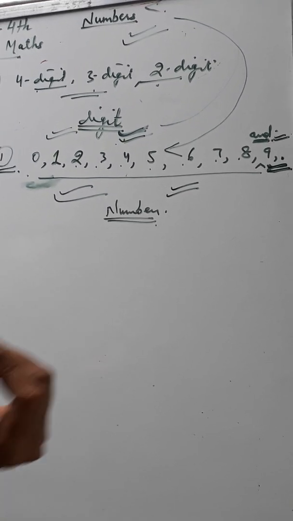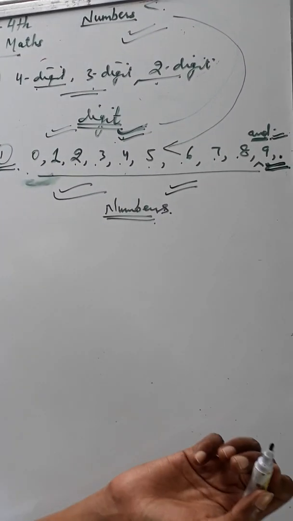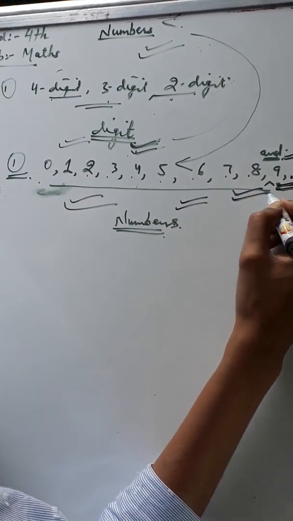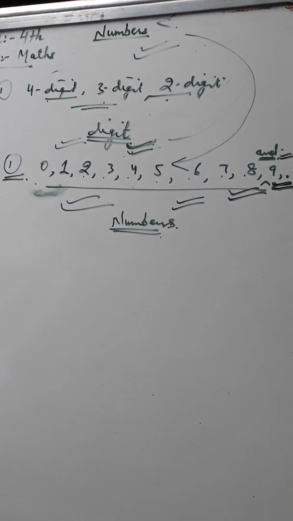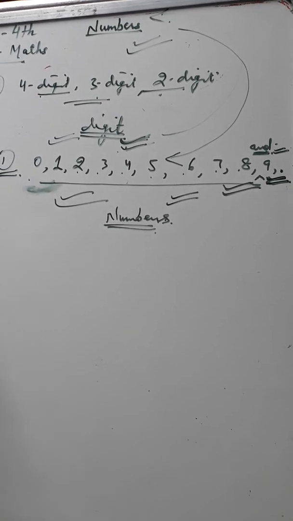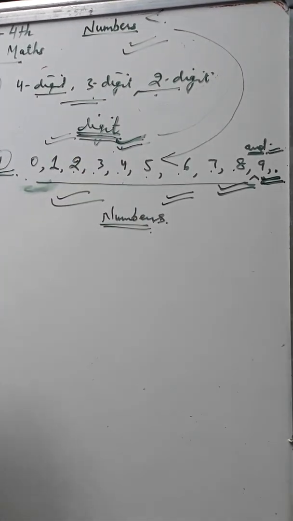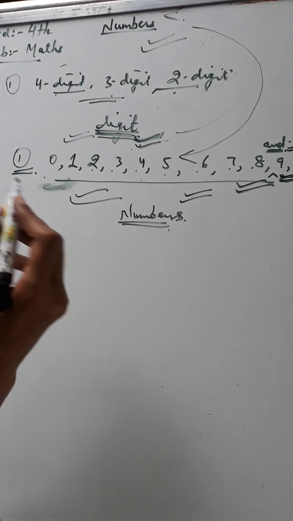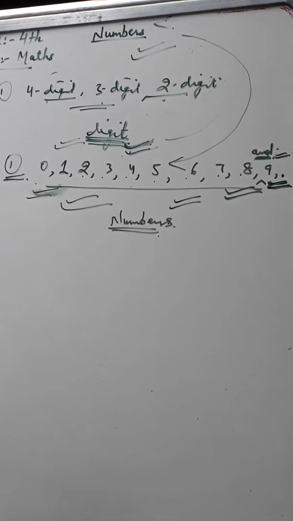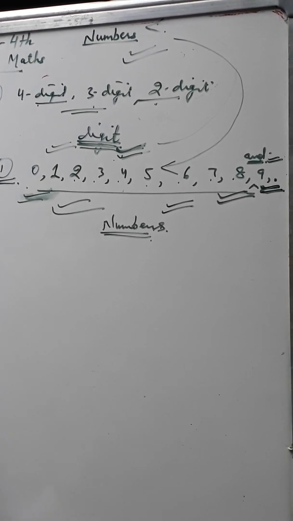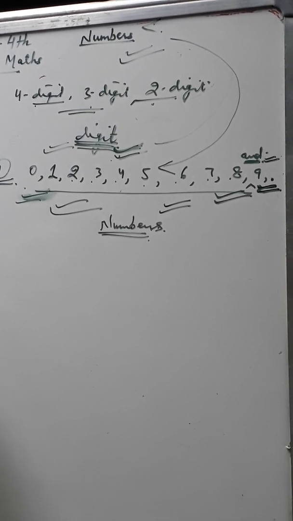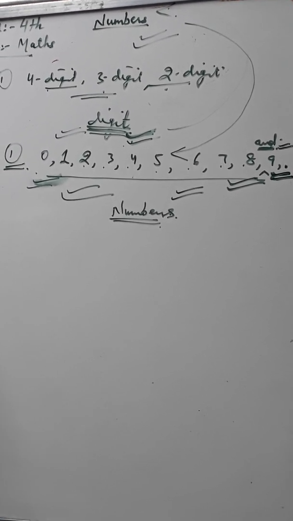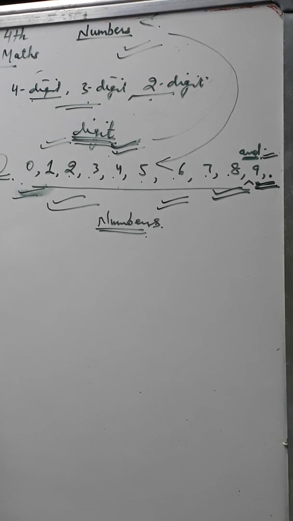We have used the term numbers for all of these. Before starting the term digit, I want to ask one more thing: are 0, 1, 2, 3, 4, 5, 6, 7, 8 and 9 numbers?